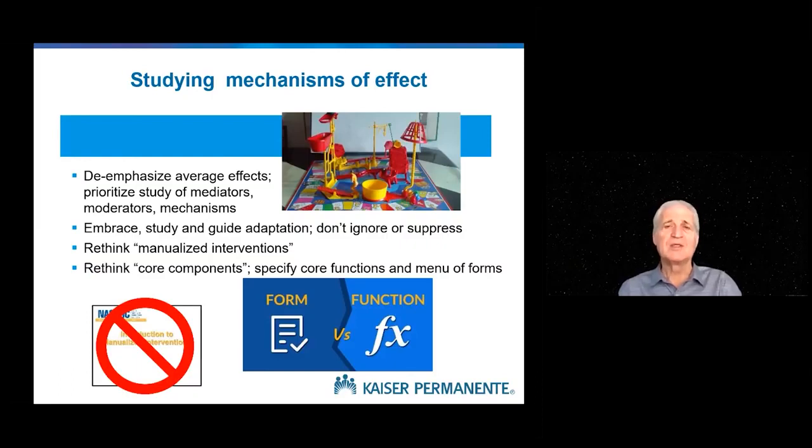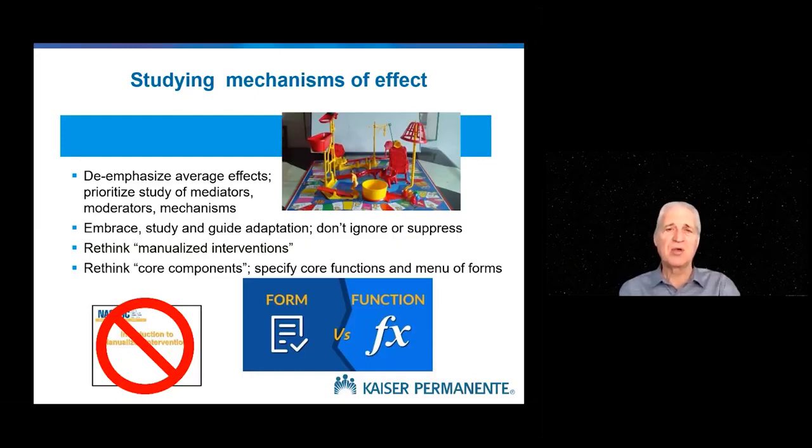If we were to conduct a typical clinical trial and focus only on dropping the ball in the beginning, and then focusing only on running to the end and looking at the trap, and half the time the trap falls and half the time doesn't, we don't have much to go on by way of trying to improve effectiveness. We need to study the causal pathways and the mechanisms of effect. We need to recognize the heterogeneity and the adaptability.